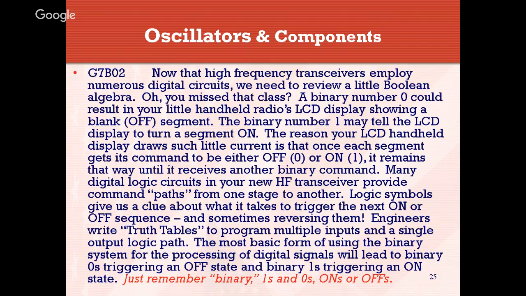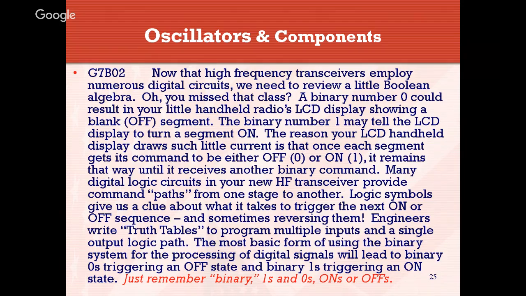The binary number 1 may tell the LCD display to turn a segment on. The reason your LCD handheld display draws such little current is that once each segment gets its command to be either off, or a 0 state, or on, or a 1 state, it remains that way until it receives another binary command.